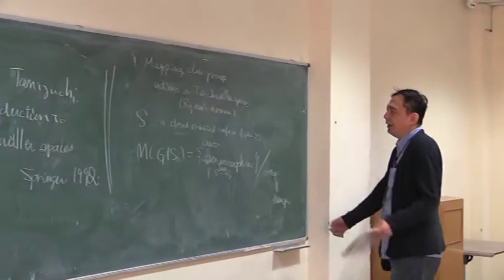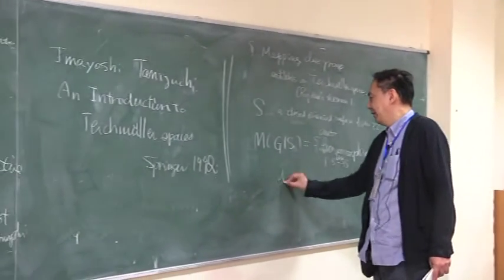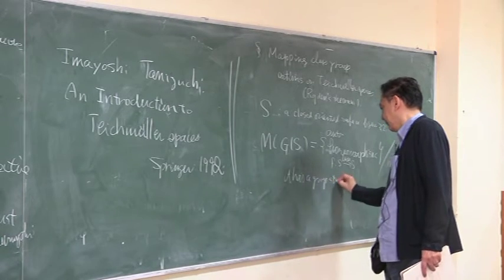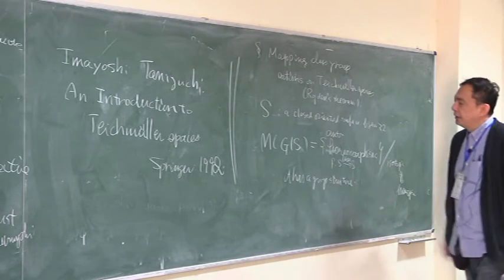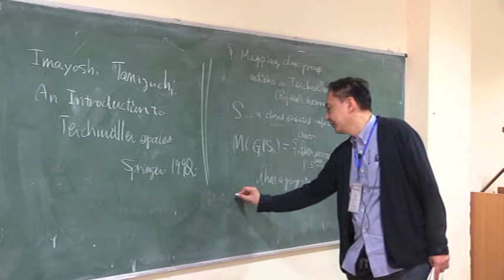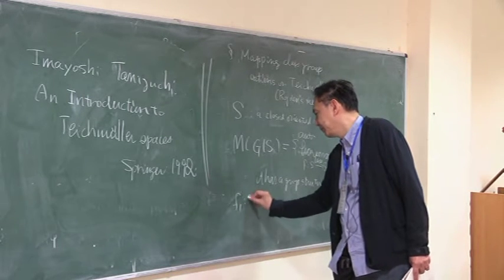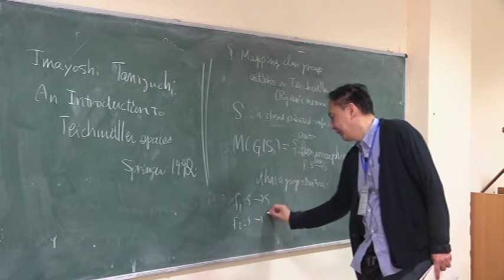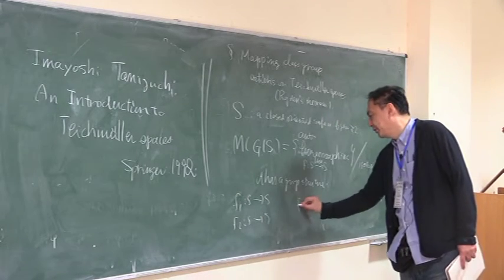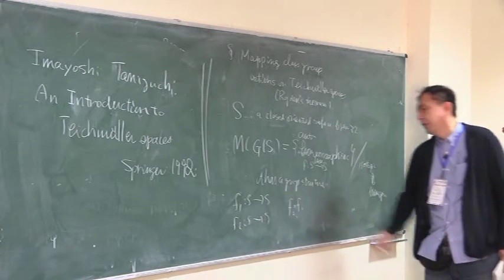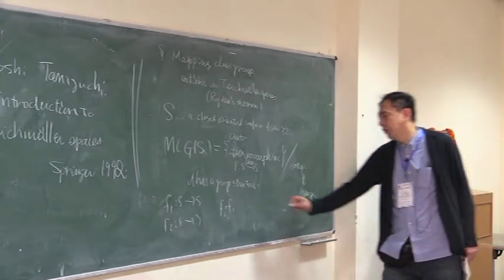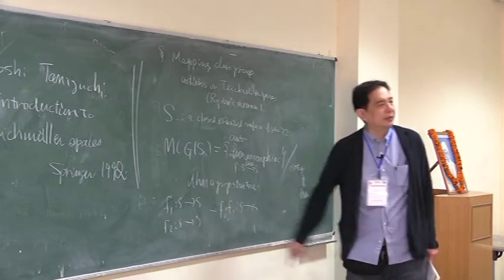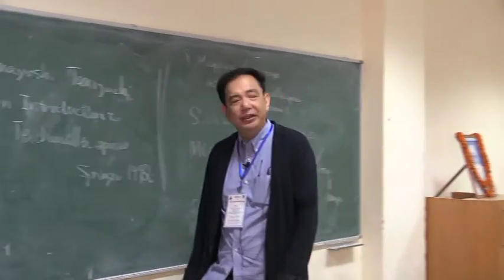Then it has a group structure. If you have two homeomorphisms f1 and f2, then you can compose them and get a new homeomorphism from S to S. This is the binary operation.